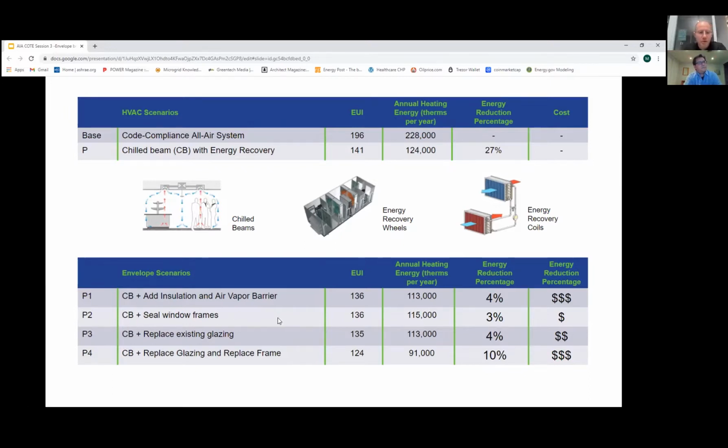What we did with all 3 of these options was really we tried to have first cost in mind. But since the glass was low performing and the leakage to the frame was so significant, we tried to combine both of those into proposed option number 4.